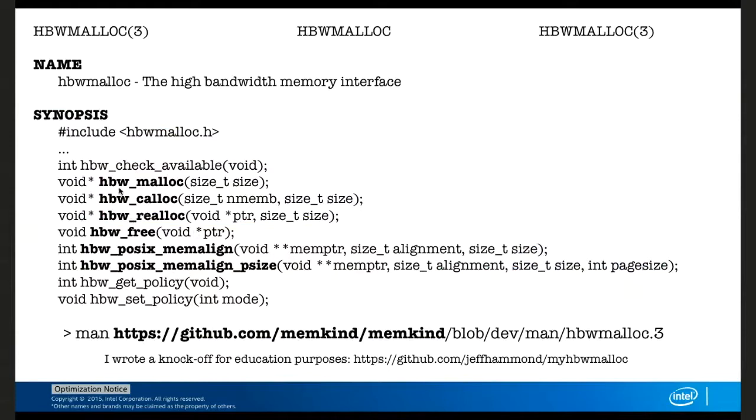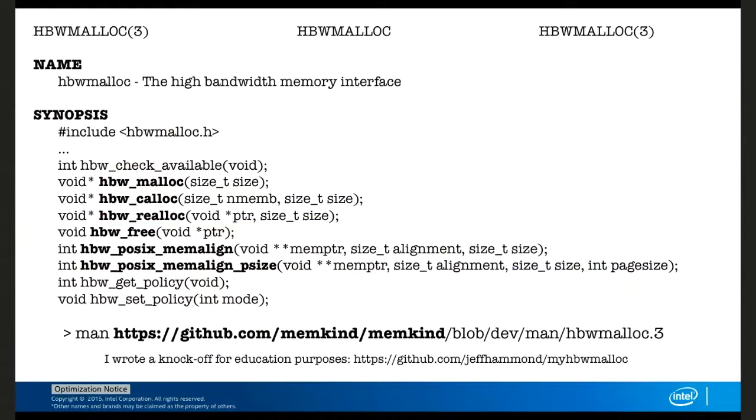But I'm just going to show the easy button API, which is you take malloc, calloc, realloc, free, posix_memalign, and you stick HBW, which stands for high bandwidth, in front of them. This allows you to just write C or C++ code where hbw_malloc puts the data in MCDRAM if it exists as addressable memory. Otherwise, it'll fall back or it'll fail. I can't remember which one.